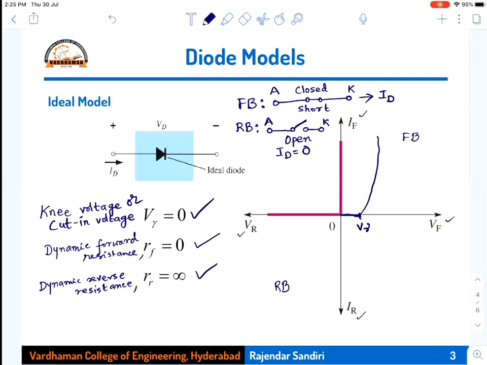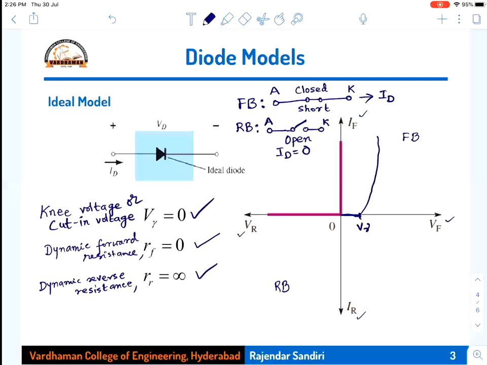In case of reverse bias, what happens? The current is due to minority charge carriers in the reverse bias, and minority charge carrier current is very small, of the order of picoamperes or nanoamperes or microamperes. It is constant with respect to voltage, because the reverse saturation current depends only on temperature but not on applied voltage.